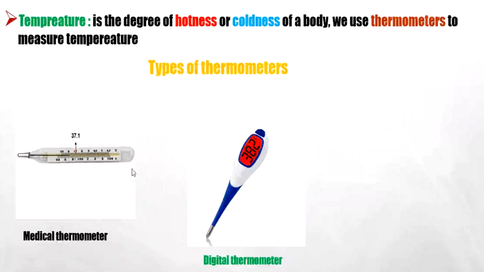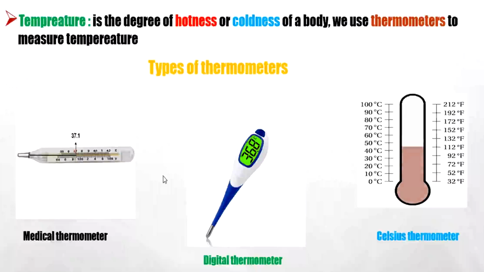And also we use a digital thermometer to measure temperature of the human body. Last type, Celsius thermometer. We use a Celsius thermometer to measure temperature of liquids. Okay? Next point.